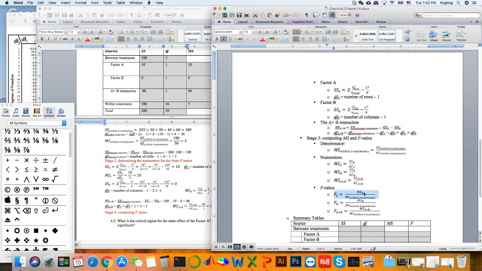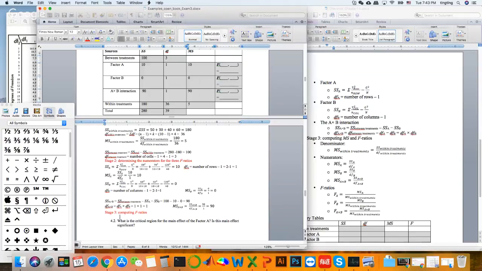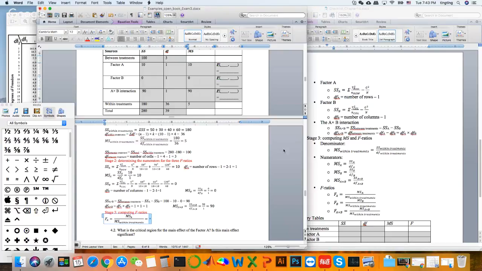We just use the MS for each column, divided by the MS error term, which is the within treatment. So here MS we have 10 divided by 5, which equals 2.